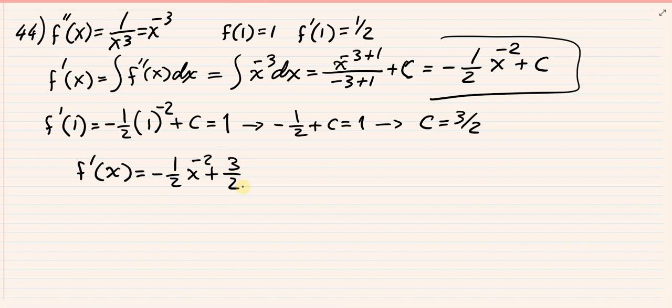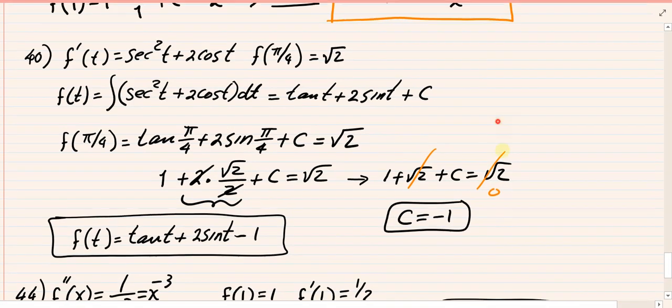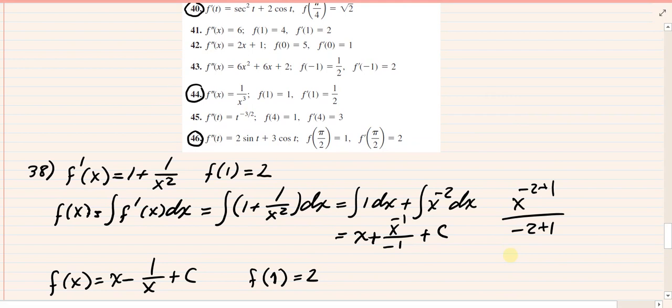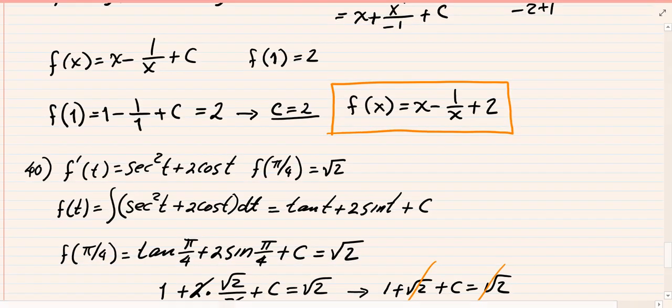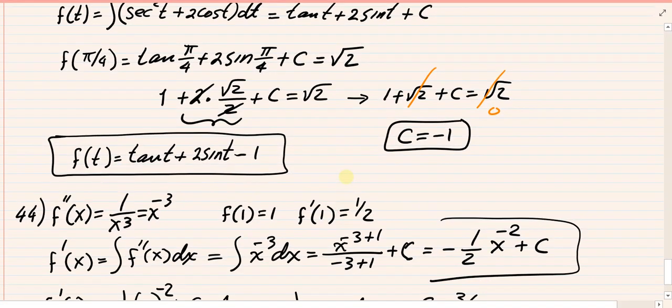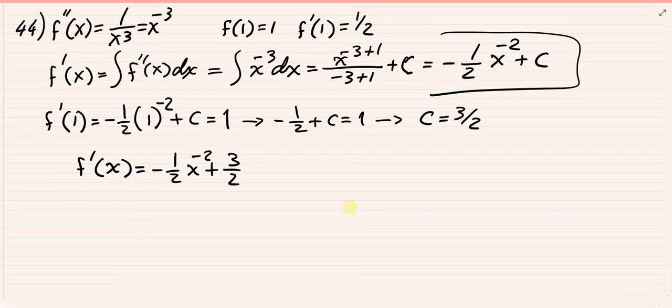Okay. Now, let's see, just to make sure I copy the initial value right again. We have f prime at 1 in number 44. F prime at 1 had to be 1/2. And I plugged in 1 here. Oh, it's supposed to be a half.